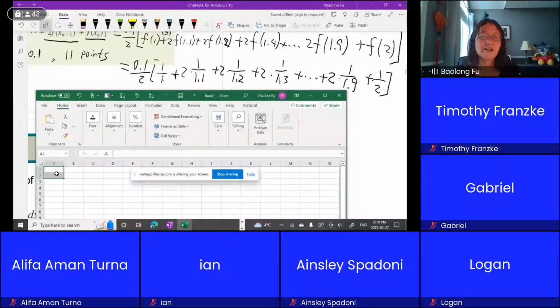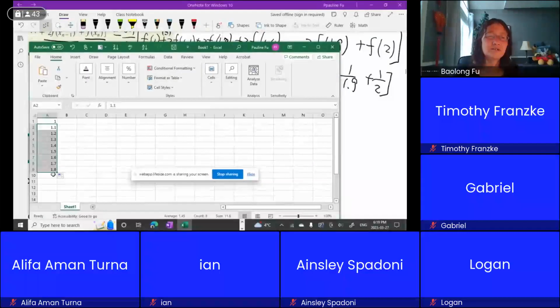Start with 1.0, 1.1, 1.2, and then automatically generate the numbers until 1.9.